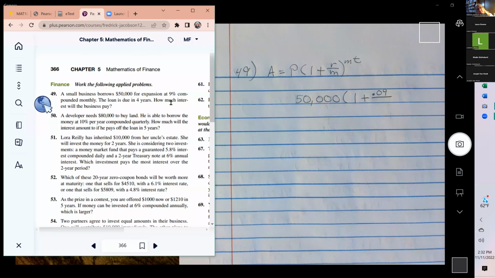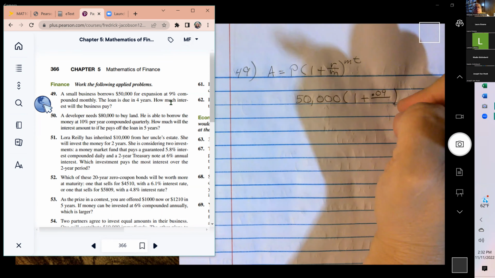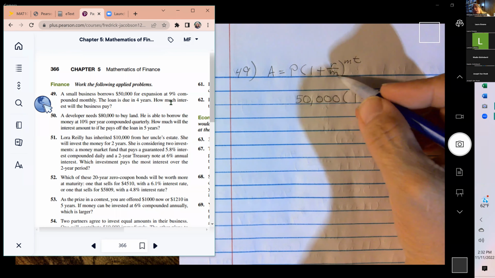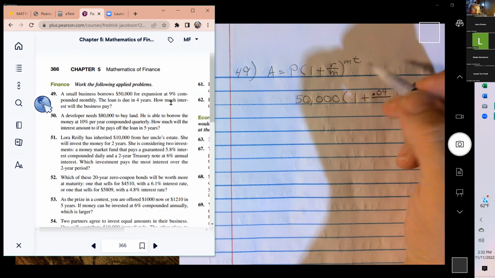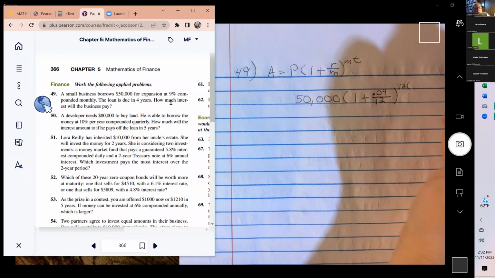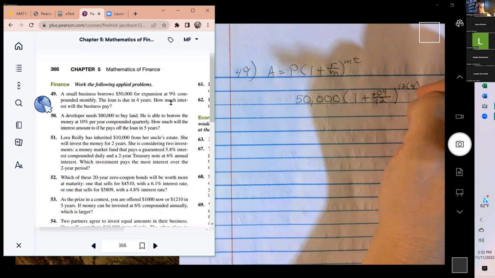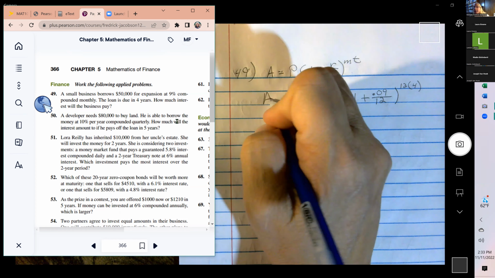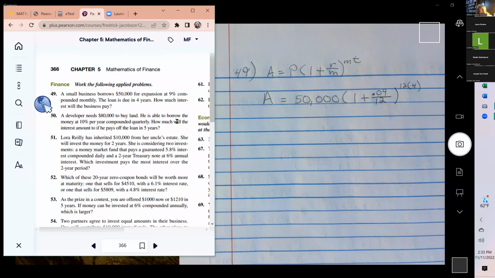Compounded monthly, what would that be? There's 12 months in a year, so monthly is 12, and that's what your M is. It's how many times it's compounded in 1 year. So this would be 12. And they said 4 years. This would give us the total amount at the end, not the interest.